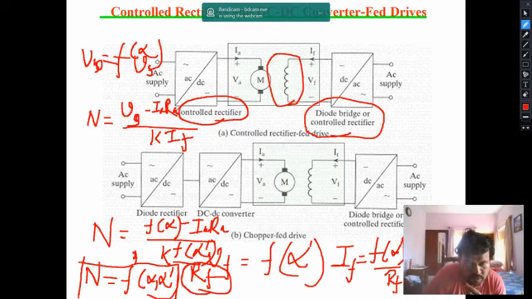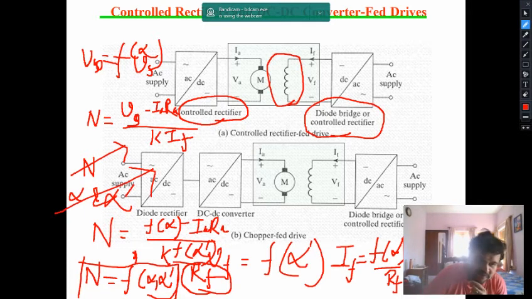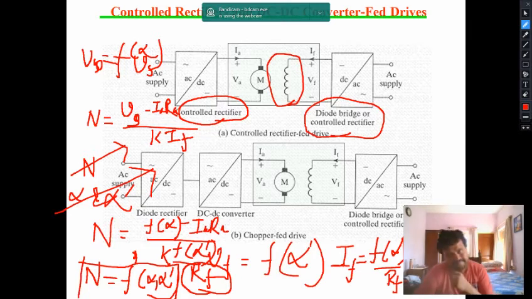That means the control of speed in a DC drive is dependent on the firing angles of the two controlled rectifiers. That means your N is variable if your alpha and alpha dash are variable. The more you can fine tune this alpha, the more this speed can be fine tuned.